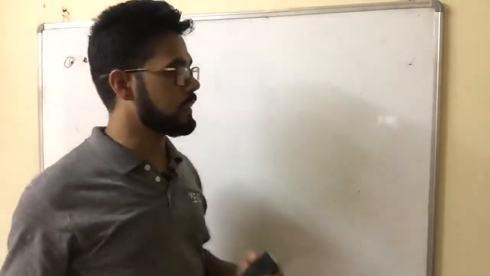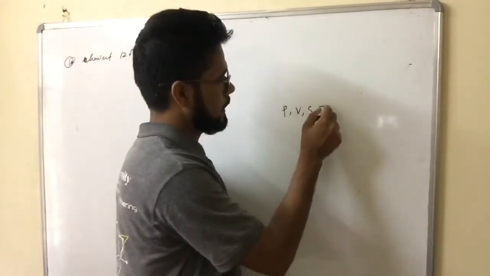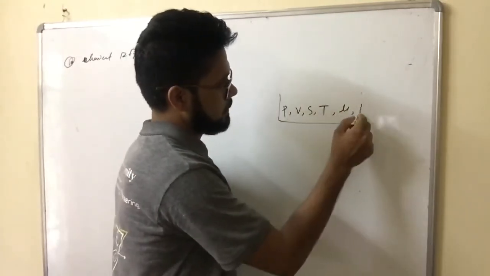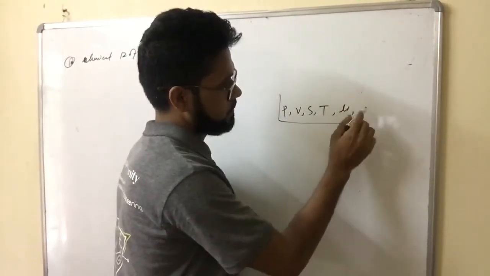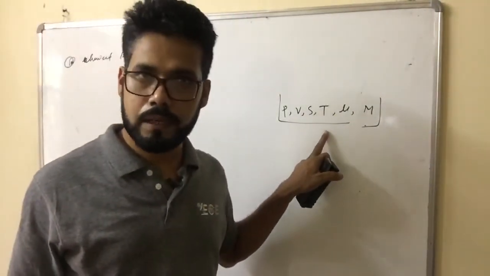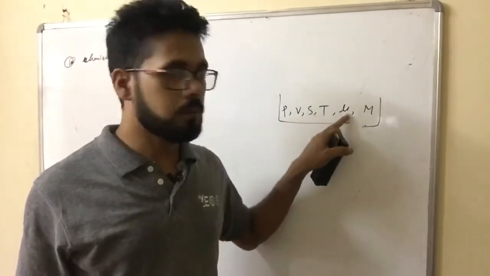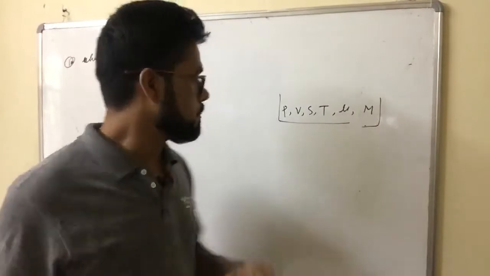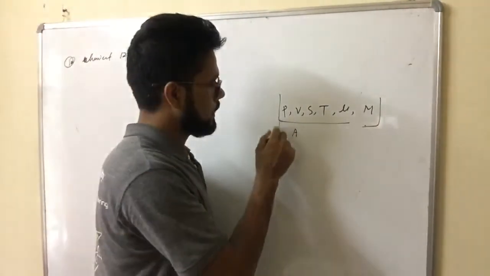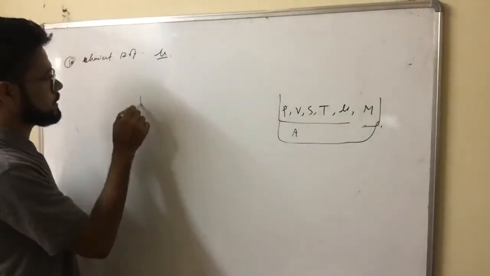I am telling you one thing again: if you want to find pressure, volume, entropy, temperature, chemical potential, magnetization, mean energy, free energy, any one of these thermodynamical parameters, always remember these two equations.